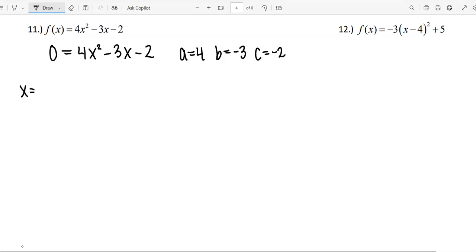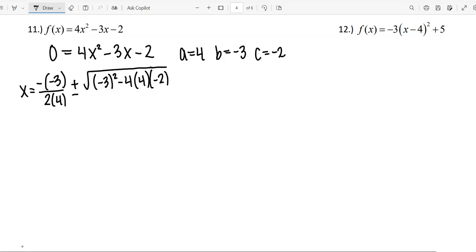So I've got x equals negative b, which is negative 3, over 2 times a, which is 4, plus or minus the square root of b squared, which is negative 3 squared, minus 4 times a, which is 4, times c, which is negative 2, over 2 times a, which is 4.